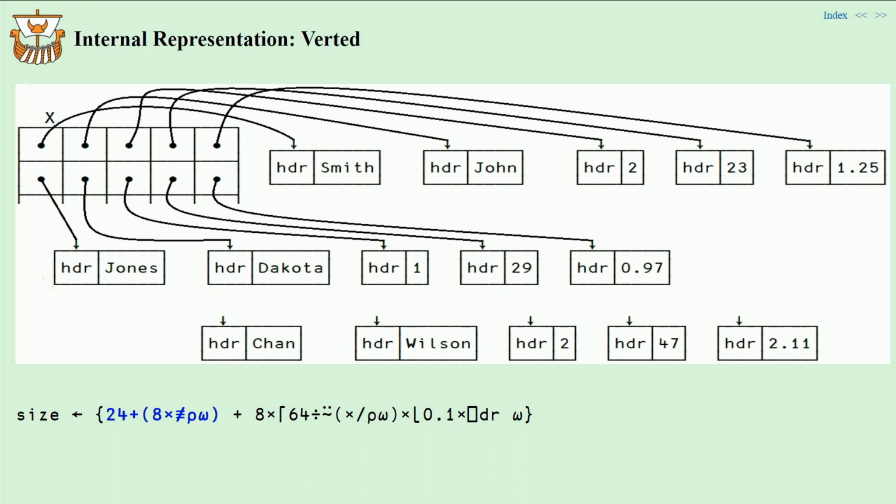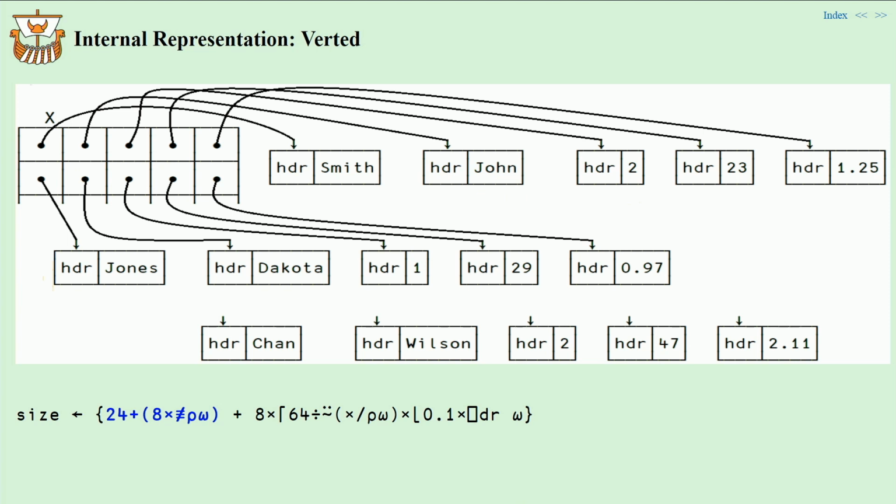I see that my faithful assistant has customized the slide for the location. We are on the Emerald Isle, after all. Anyway, a basic thing to know about APL systems is that everything's an array, and each array has a header and then the raveled data. So this shows the internal representation for a verded table.